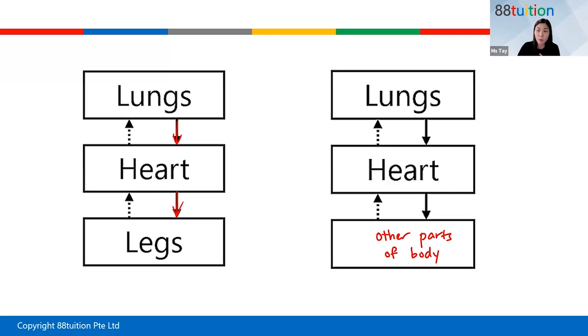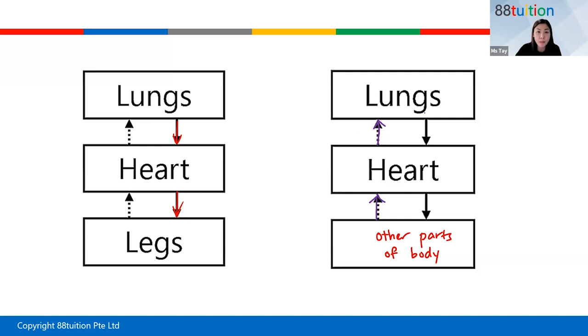So this is the one that we are familiar with, right? After the blood has gone to other parts of the body, it needs to go back to the heart, and eventually the blood will go to the lungs. Why? Because carbon dioxide needs to be removed from the body.